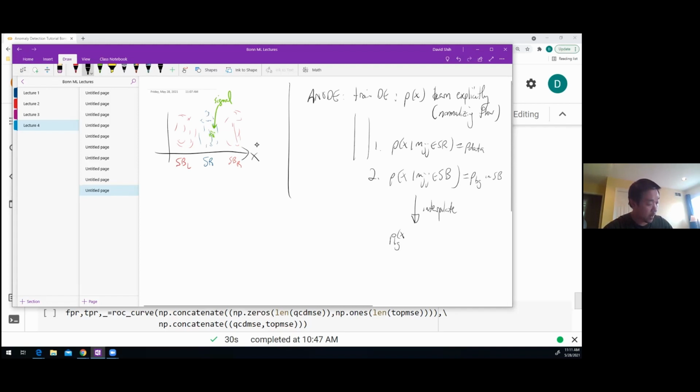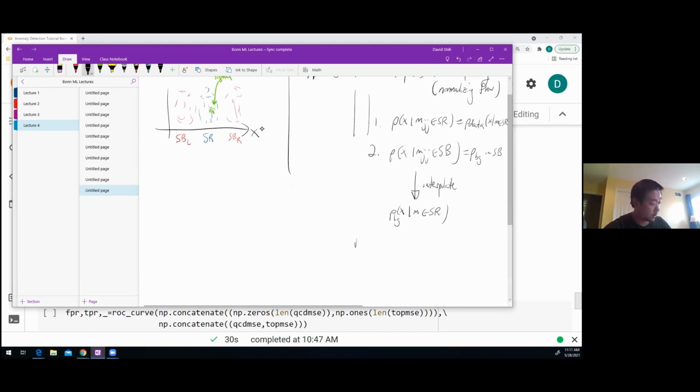And so then we get P of background for M in the signal region. And then we can construct this likelihood ratio, P data of X for M in the signal region and P background of X for M in the signal region.